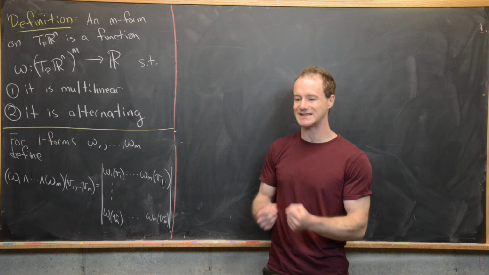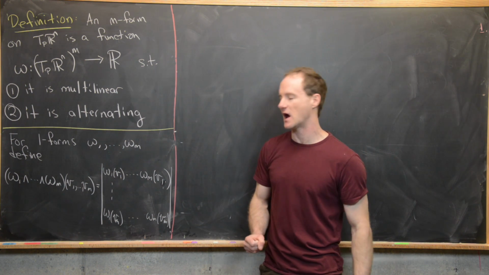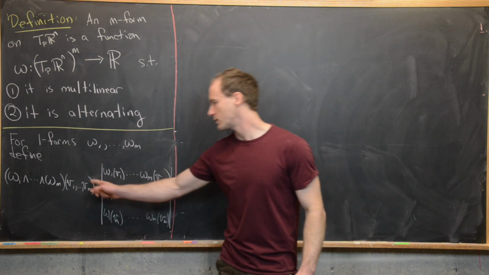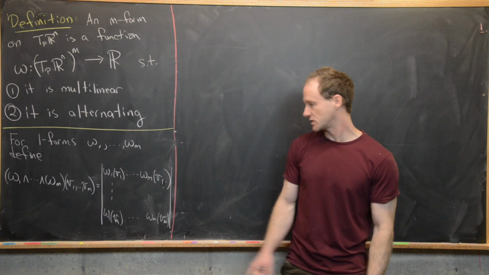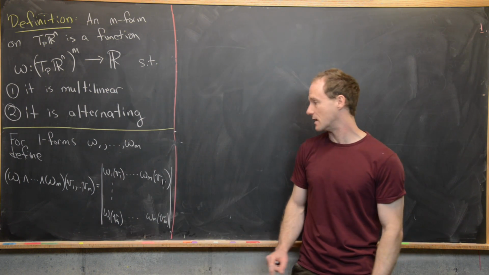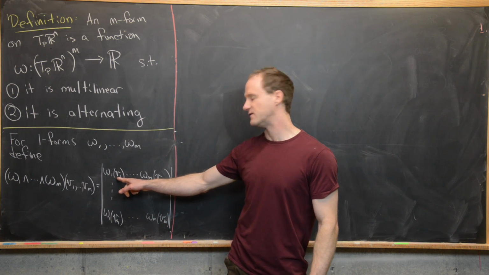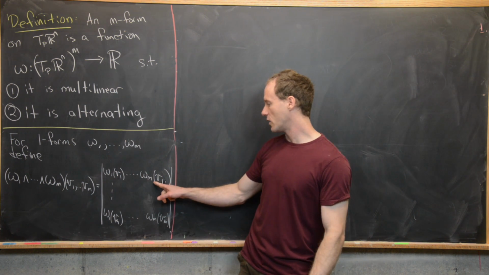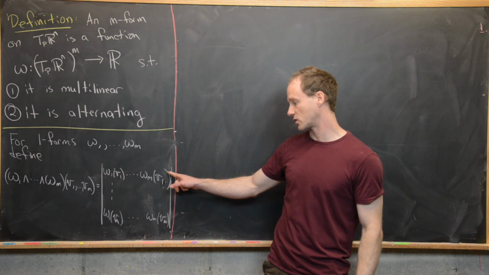In other words, its inputs should be m different vectors and its output should be a number. So here we've got inputs v1 up to vm. Those are all vectors. Its output will be the determinant of this matrix, which will give you a number. The matrix is omega 1 evaluated at v1 in the first entry, all the way up to omega m evaluated at v1 in the last entry of the first row.